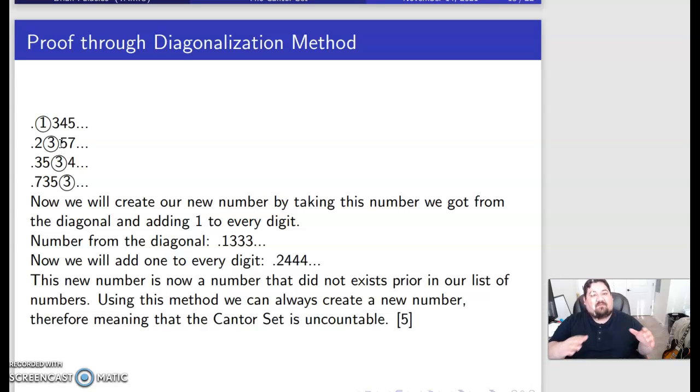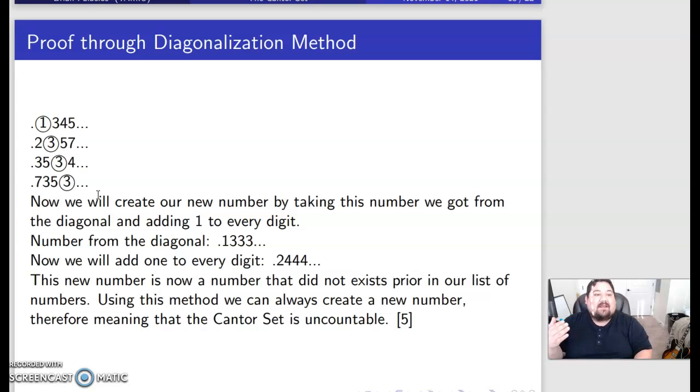So the natural numbers are from 0 to infinity. But Cantor says I could take any number here and take the diagonal, right? And I will take them and then I'll add one digit to it. And that means I've created a new number that is not in the set that we have.